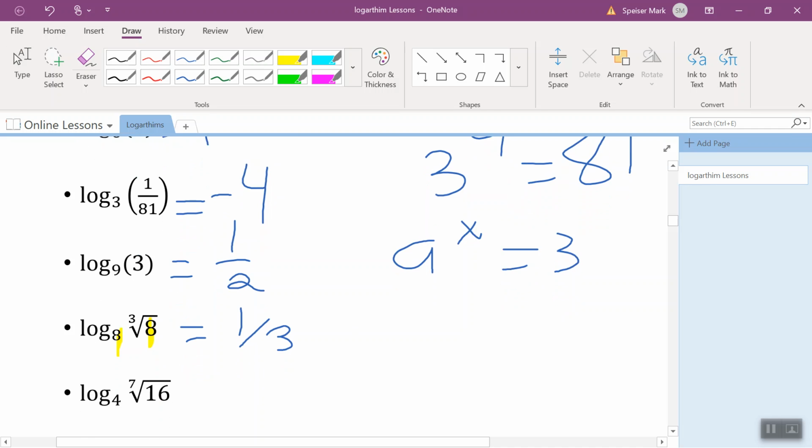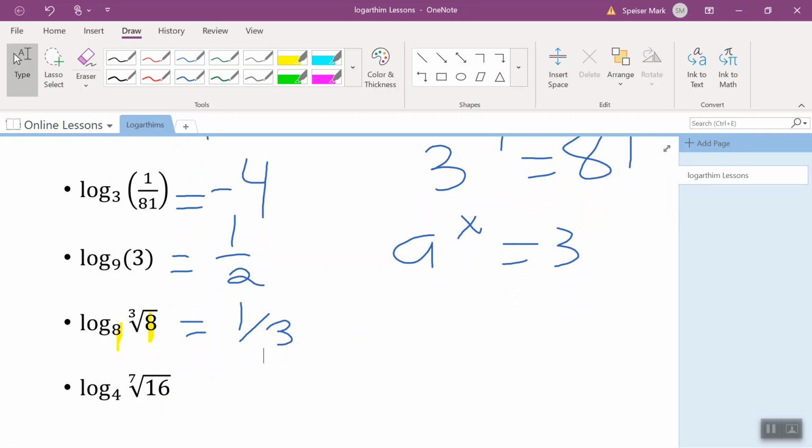And similarly, the log base 4 of the 7th root of 16. 16 is also 4 squared.